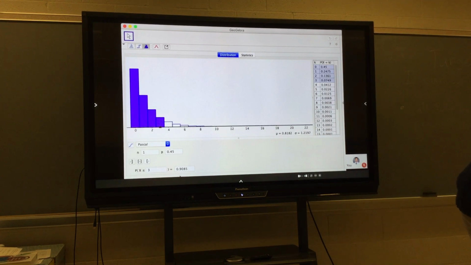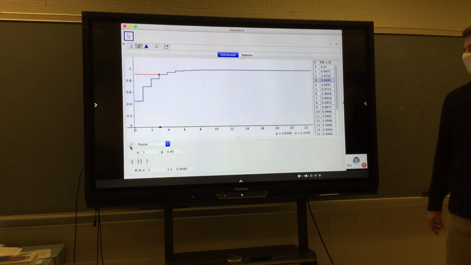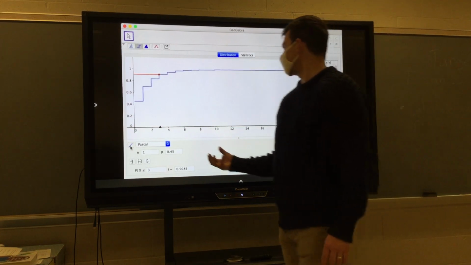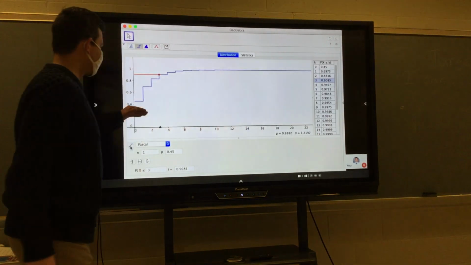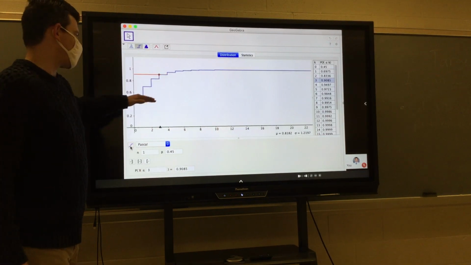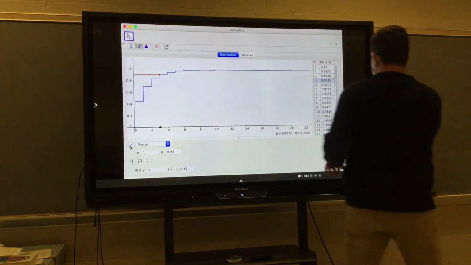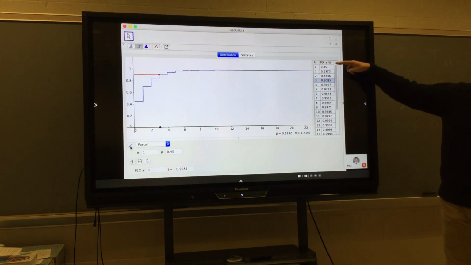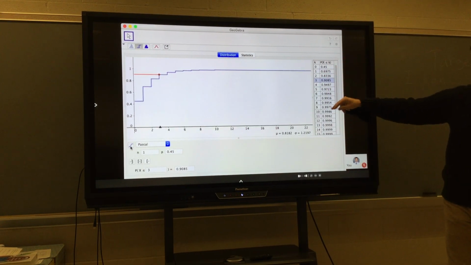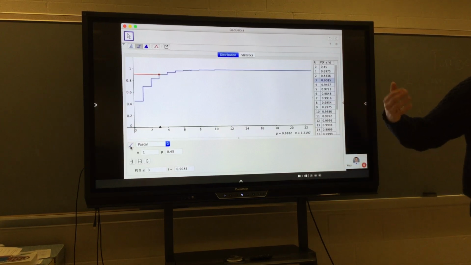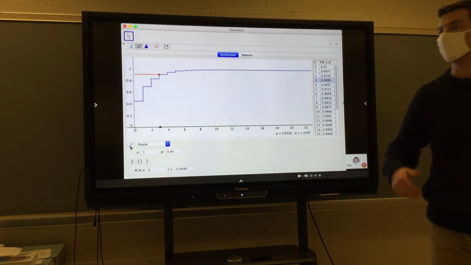You also have an option here of clicking this button next to Pascal, and it turns this into a cumulative distribution, okay, where you can see this as a step function, how those probabilities add up, and it shifts the distribution chart as well, showing you that we're getting really, really close to 1 as we increase these number of outcomes.